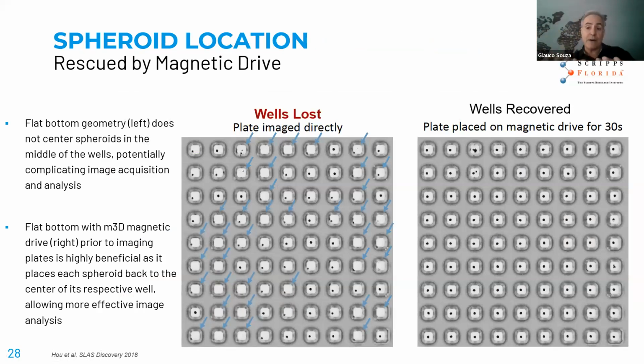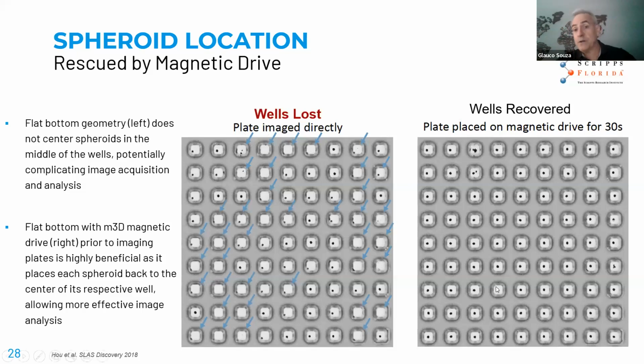But when you have a flat bottom, because of thermal motion the cells usually move around, and often they end up stuck on the wall. So you see here the wells that have no cells, because the 3D cultures moved to the side. That's basically a simple loss, because it's very hard to image when they're stuck to the wall.